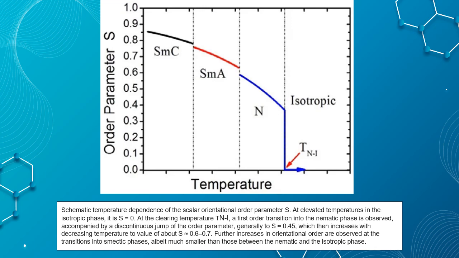First, the smectic C is converted to smectic A and then it transitions to nematic phase, and then we have the order parameter going to 0 at the point of transition to isotropic phase. So in isotropic phase, the order parameter is 0 and this is the transition temperature from nematic to isotropic.